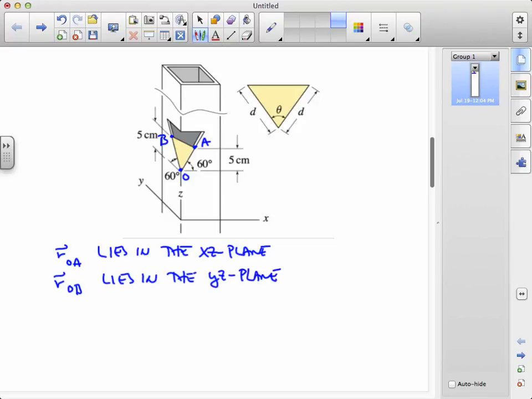For that reason, identifying the magnitude d is quite straightforward, because with either one of these, and it's probably easier to see it here, we've got a right triangle.